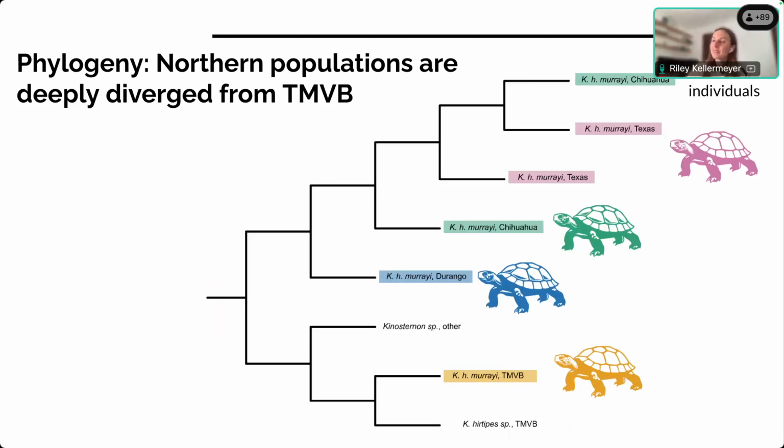And then fairly diverged, you have the Durango population, Chihuahua population, Texas, and then sometimes some Chihuahua individuals share some ancestry with Texas. So that's pretty cool. But expanding our collection data has definitely shown us that there is a fairly deep divergence between other Kinosternon species and hirtipes murrayi that live north of the Trans-Mexican Volcanic Belt.